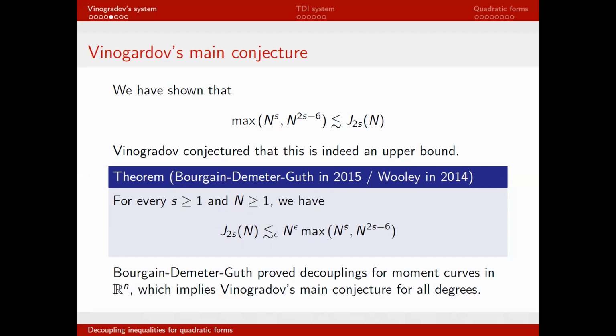Here we are only talking about the cubic case, but in their paper, they proved Vinogradov's conjecture for all degrees. This conjecture follows by decouplings for moment curves in R^n. So from now on, we will talk about decoupling inequalities.